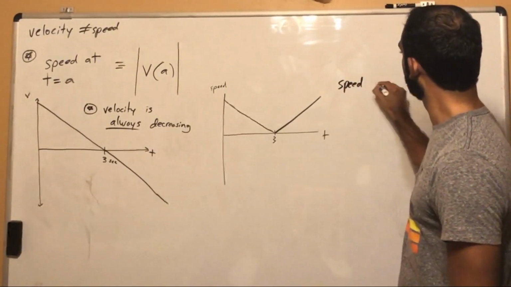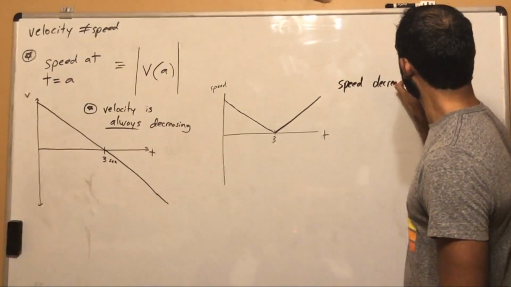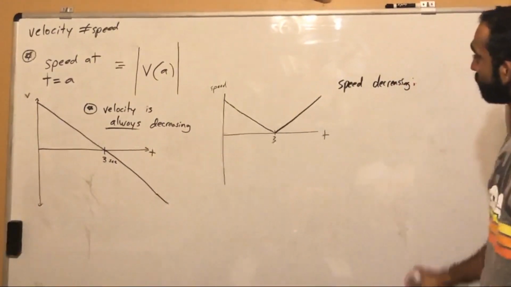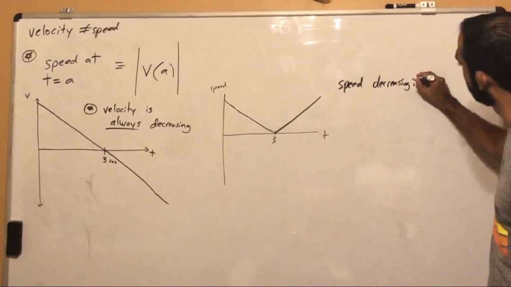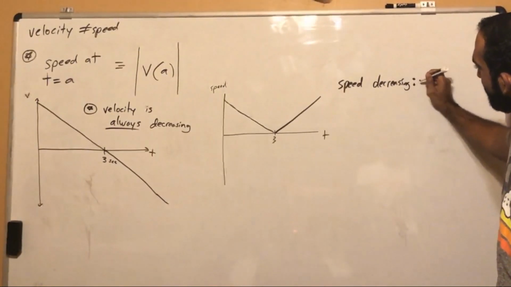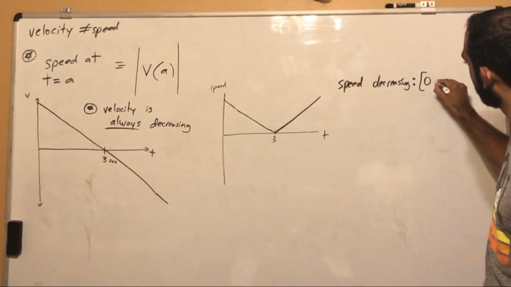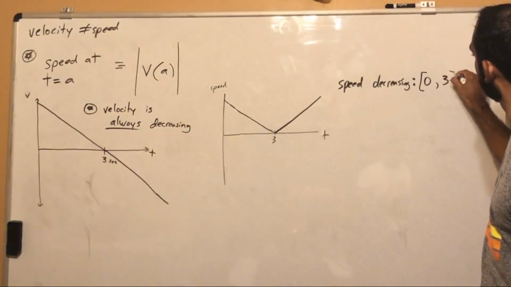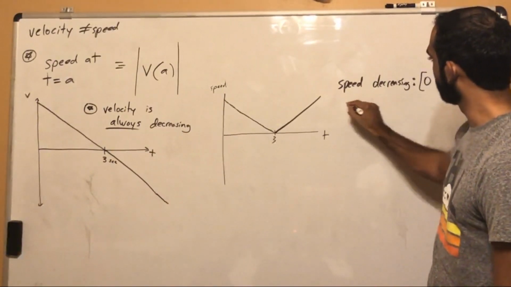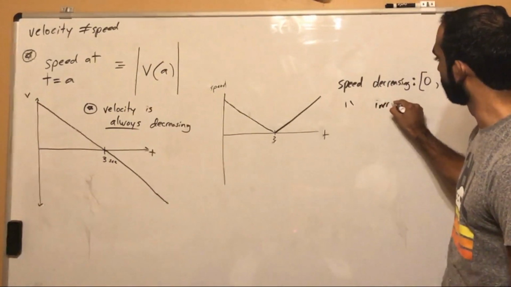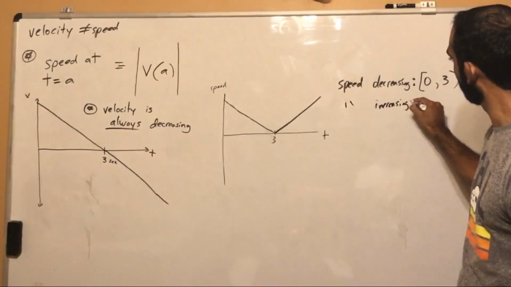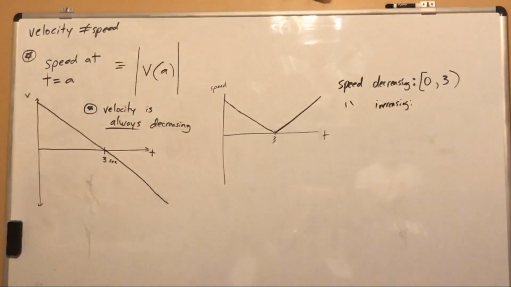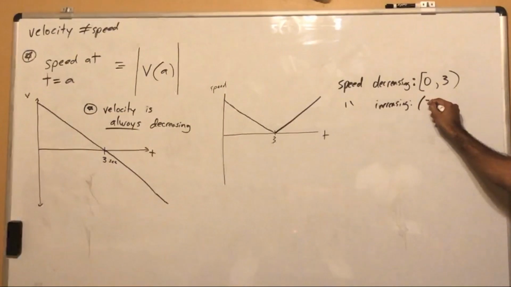Speed is decreasing on what interval? From 0 to 3. Yes, from the 0 second mark to the 3 second mark. It's increasing on what interval? How would I put that in interval notation? 3 to positive infinity? Yes.